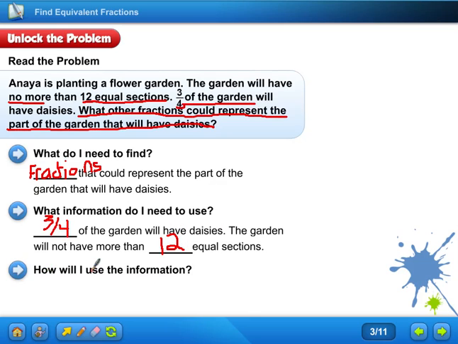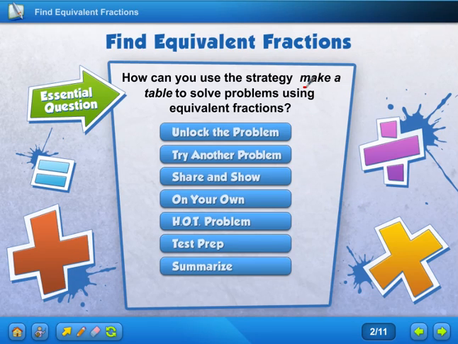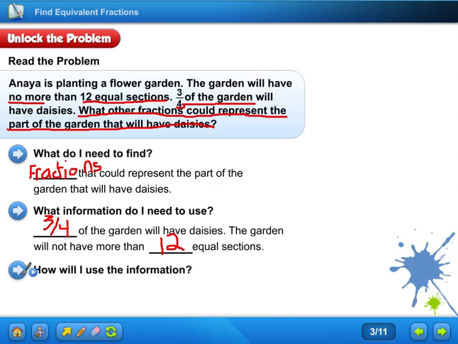All right, how will I use the information? How will you use the information? What were we learning in this section? We were learning, so how will I use this section? I will make a table.